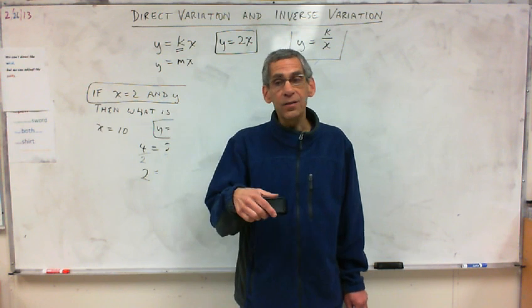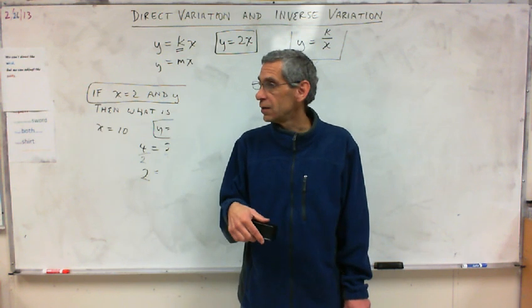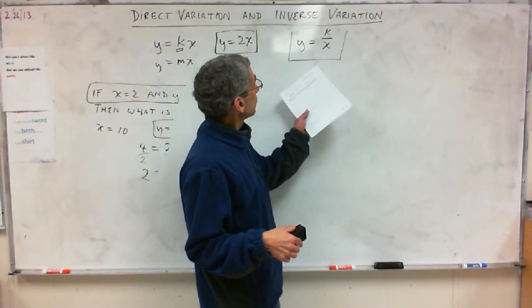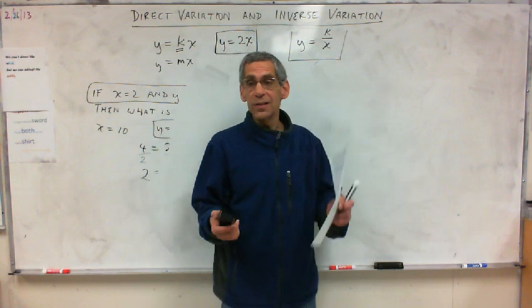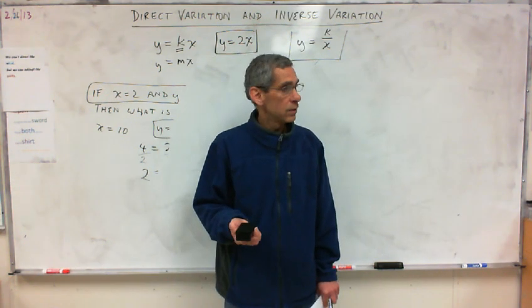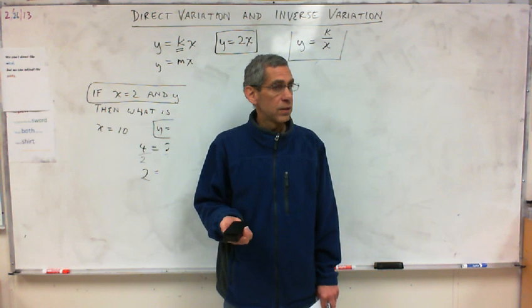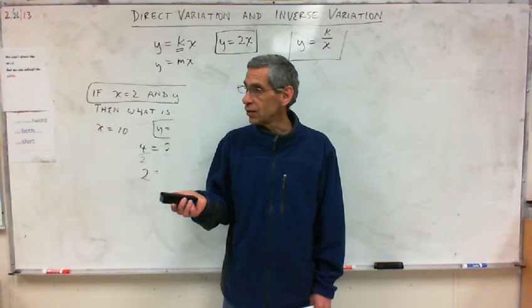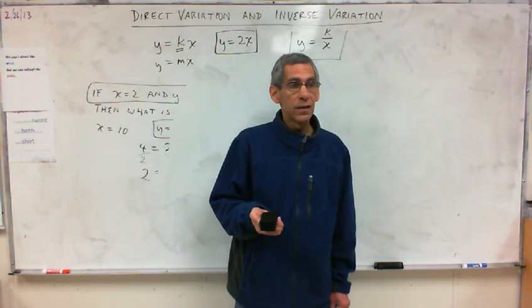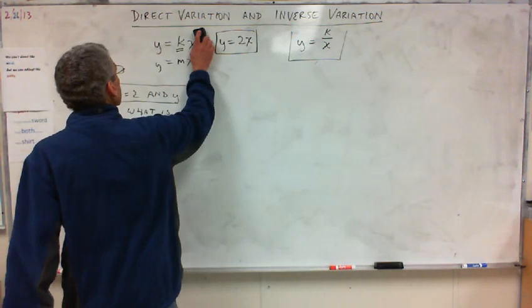And it means x oftentimes is in the denominator. And so inverse variation is an example of an equation that has x in the denominator. And we need to see what that's going to look like and how to use that. That is called inverse variation.